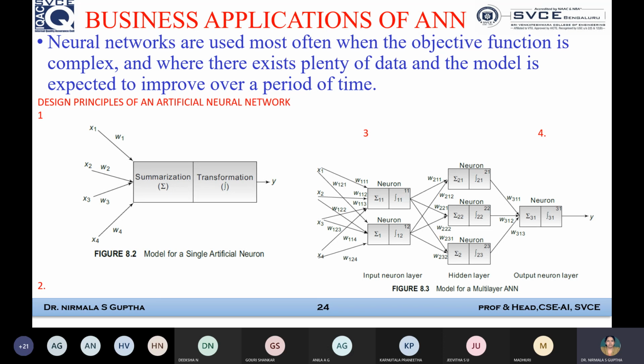They do a weighted summation of all the inputs using different weights. It's not the same weight. In the first picture, figure 8.2, you can see W1, W2, W3, W4, and in figure 8.3 you can see W11, W12, W13, W14, W21, W22, W23, W24.